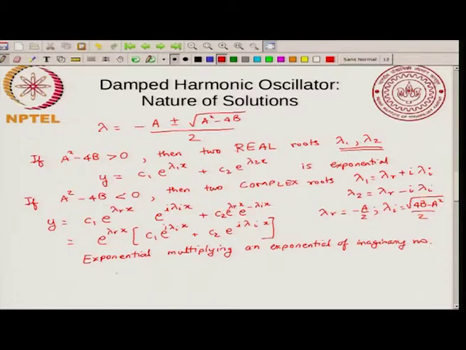So e to the i lambda I x can be written as sine of lambda I x plus i times cosine of lambda I x. This is a general property of an imaginary exponent, so you can write it as a sum of sines and cosines. Essentially these functions look like a combination of sines and cosines. So what you have is an exponential function multiplying an oscillating function.